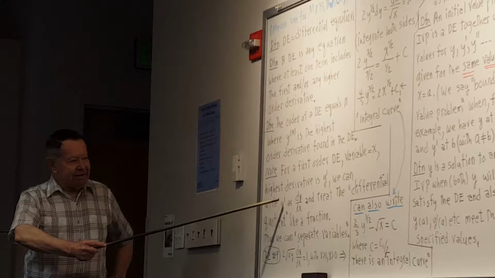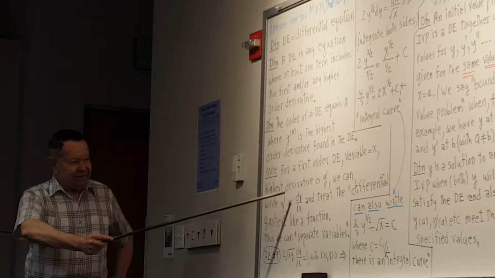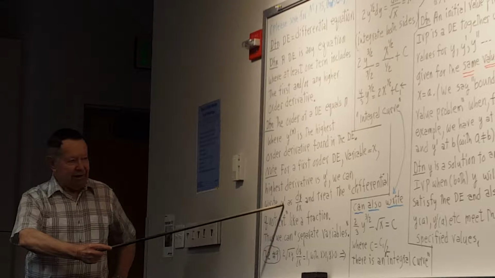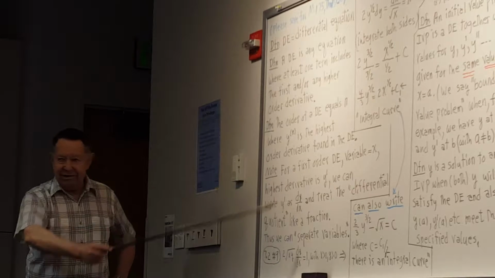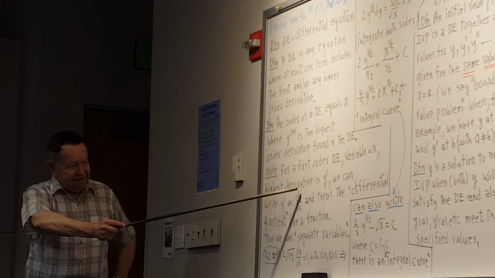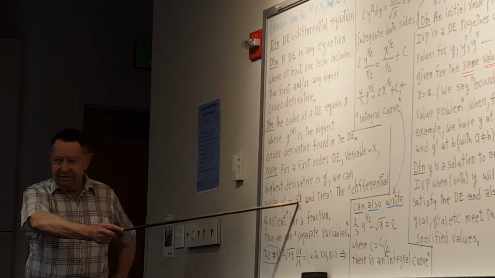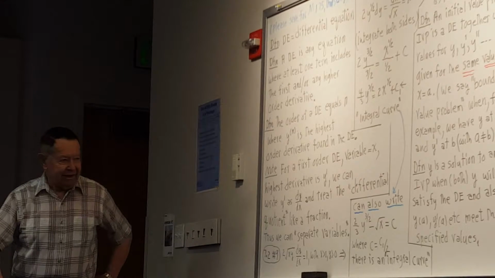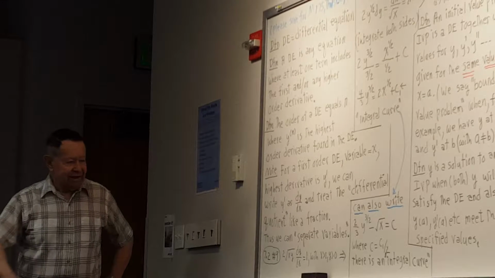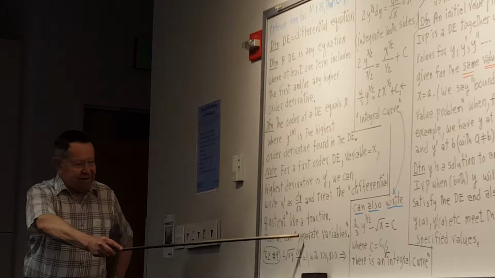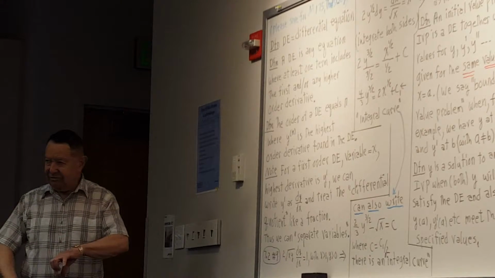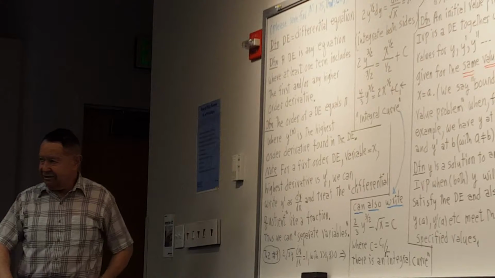So with a first order, you can either think of your variable as y prime or as the differential quotient, and then this is actually a quotient, so you can separate it as a fraction. And this says that we can separate variables if we're talking about a first order differential equation.